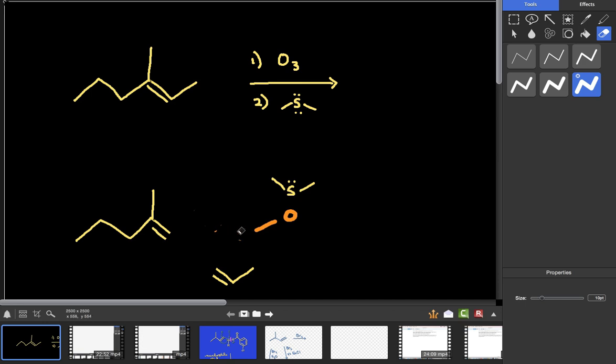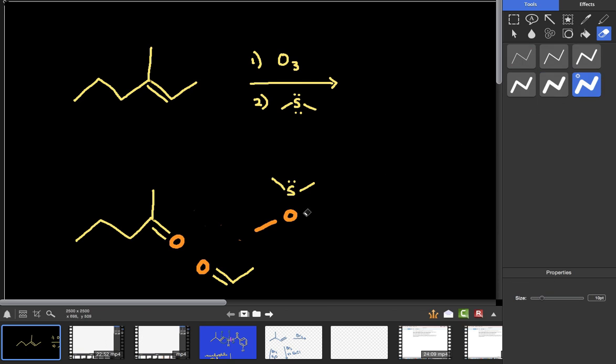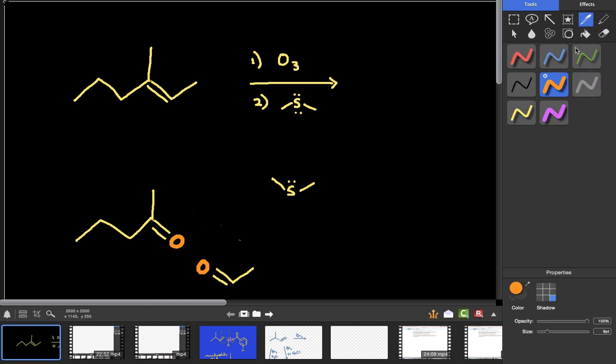So 2 of the oxygens, one will go here, one will go here. And the third oxygen is going to oxidize my reducing agent. Remember, reducing agents are themselves oxidized. And so I'm going to get DMSO as a side product. So this is what you're always going to get.